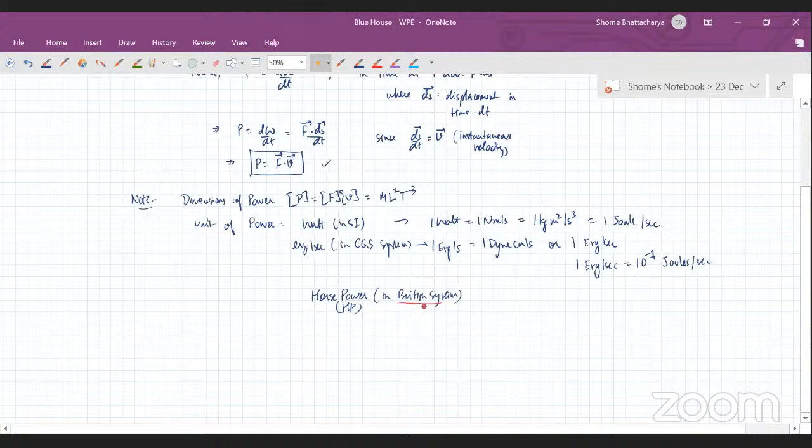We don't really use it, but it's used in automobile industry. So 1 horsepower is equal to approximately 746 watts. It's also called British horsepower.